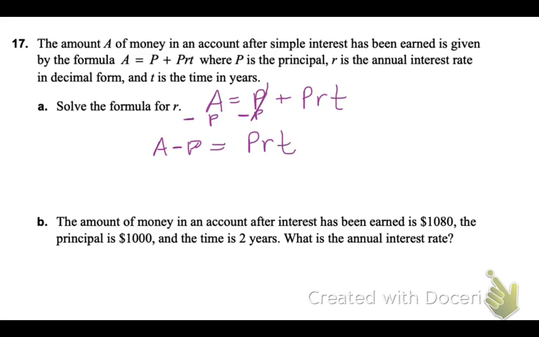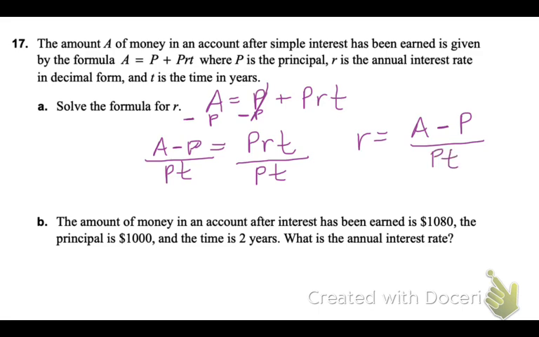Now to solve for R, we can simply divide both sides by the principal and the time, the PT. So that we end up with R is equal to our balance, or the amount of money we're left with in the account, minus the principal, all over the principal times the time, and that will give us the rate, and we will solve for a rate.